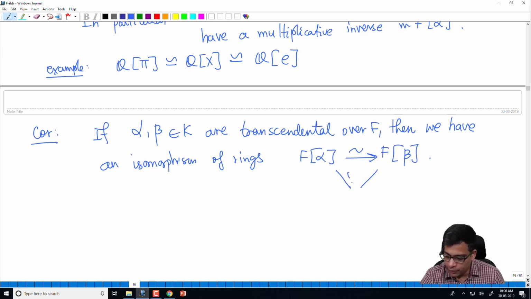Because they are both individually isomorphic to F[x]. So they are mutually isomorphic now.